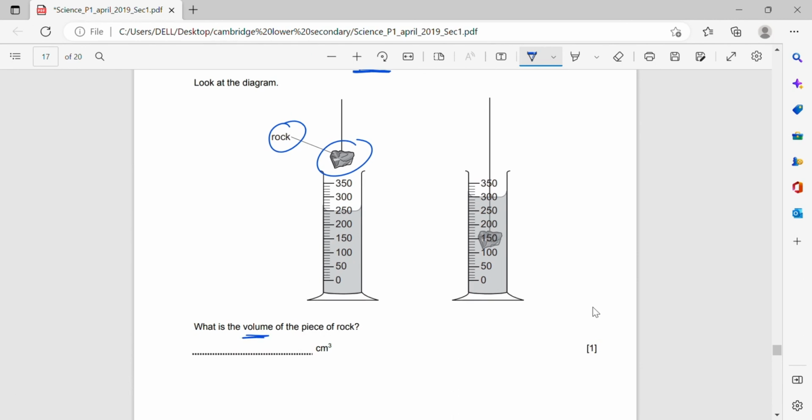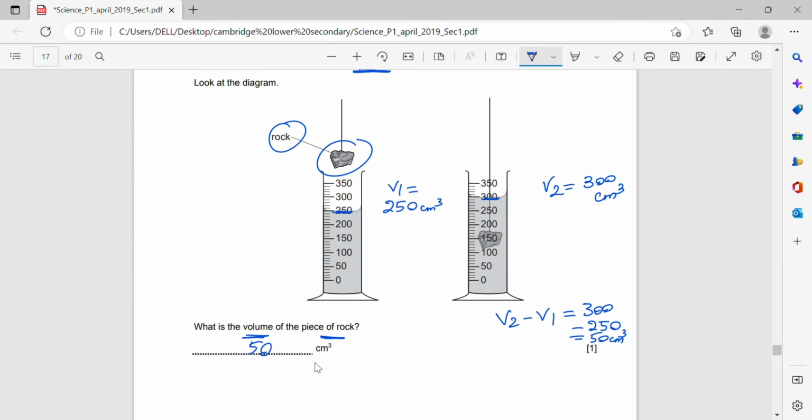How can we find it? We take the volume before adding and the volume after adding. The volume before adding the piece of rock is 250 cubic centimeters, this is V1. After putting the rock inside, V2 is 300 cubic centimeters. So the volume of the piece of rock is V2 minus V1, 300 minus 250, equal to 50 cubic centimeters.